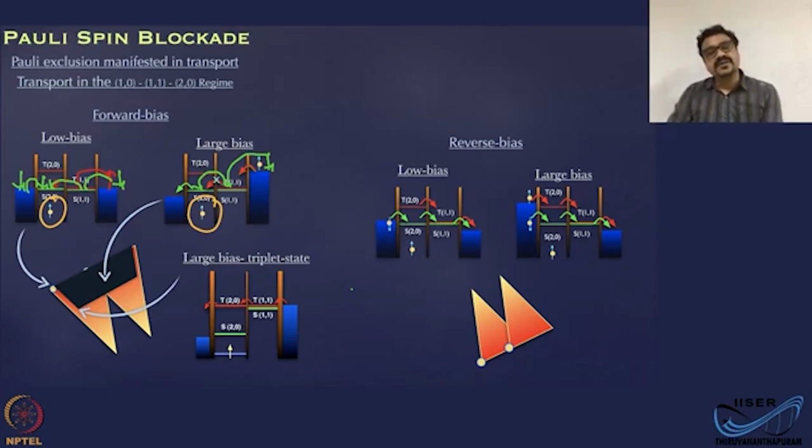That is prohibited for a spin up electron by the Pauli exclusion principle. The spin up electron needs to go to the T20 state up here, but this state is energetically not available for that electron. That is high up.